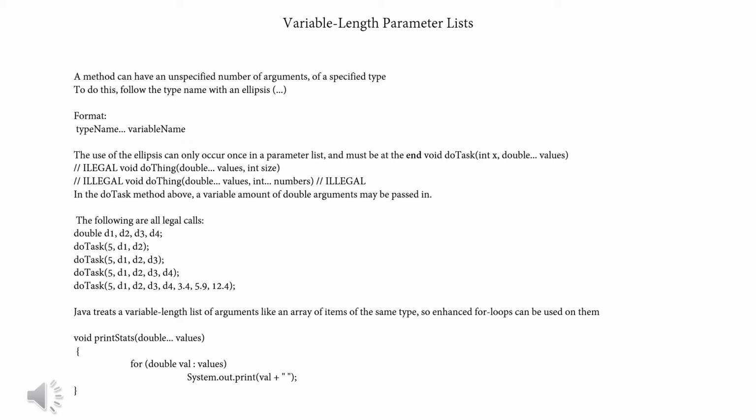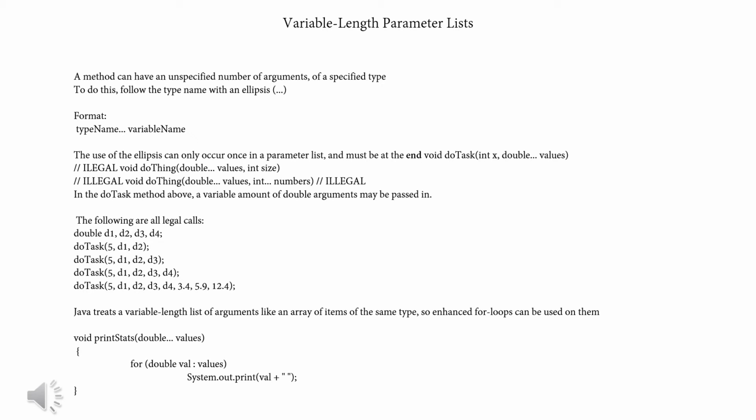It's illegal. Why? Because double... values needs to be located at the end, right? Or for example, the second one, double... values, int... numbers. That's illegal. The reason is that we have two of them, but we can have just one.